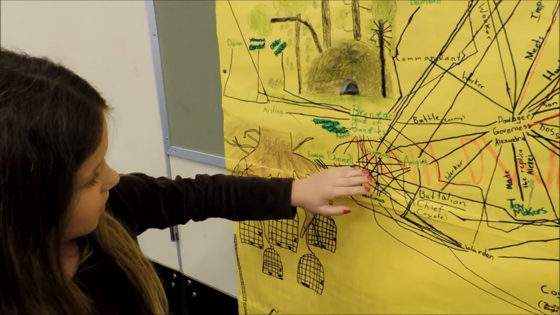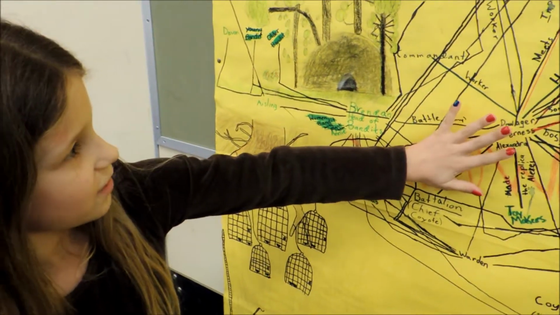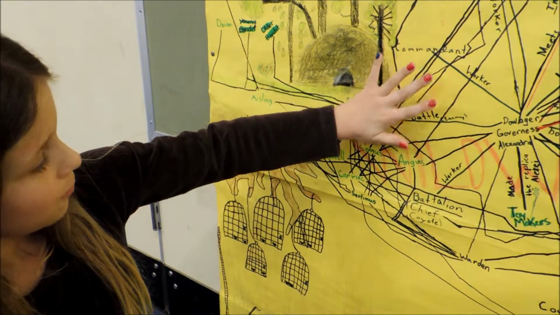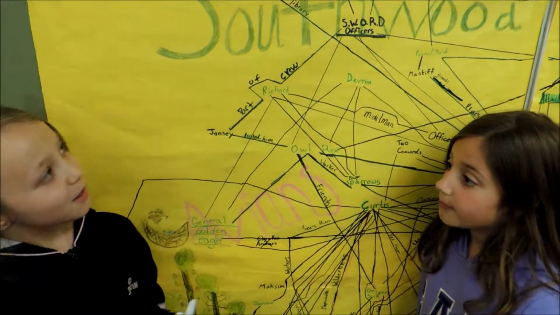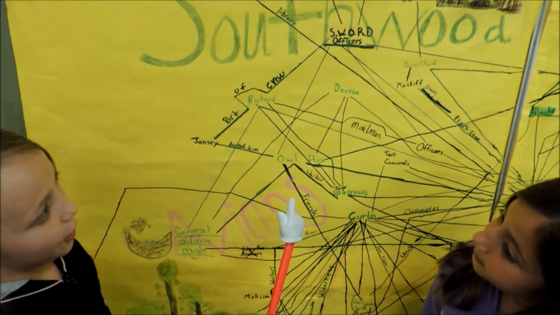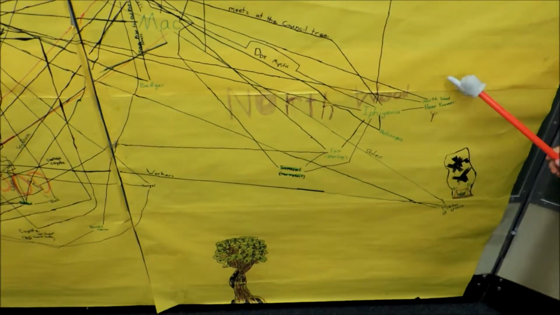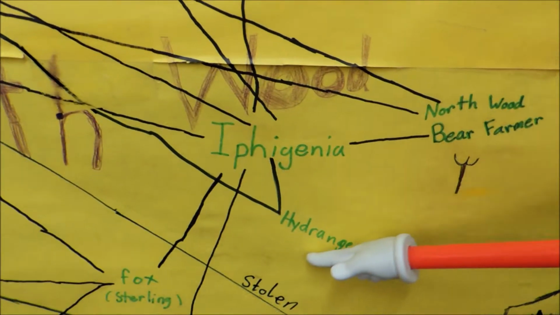We figured that spot out by putting Alexandra in the middle, and then putting her workers around her. This part of the chart is Southwood, and lots of the characters are connected to different places. This is Northwood, and this Ephigenia was an old lady that helped her out.